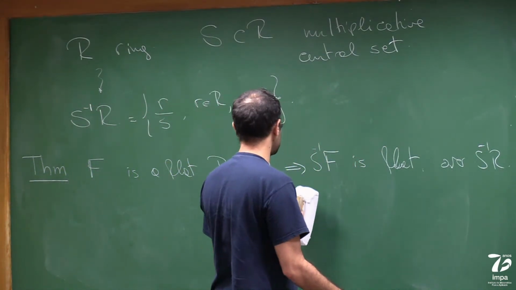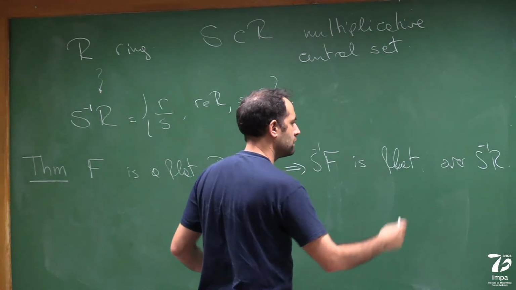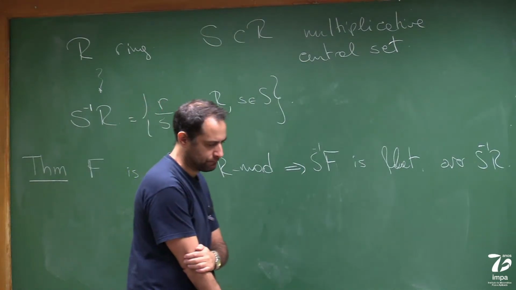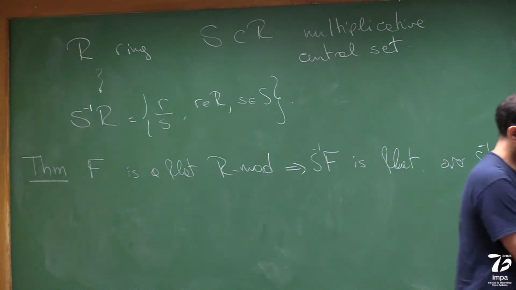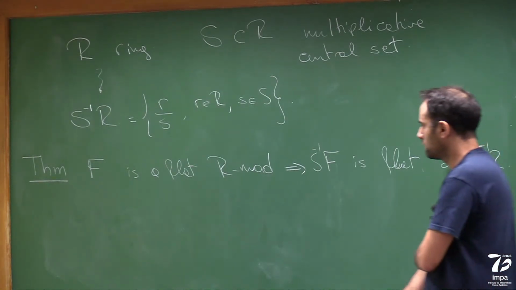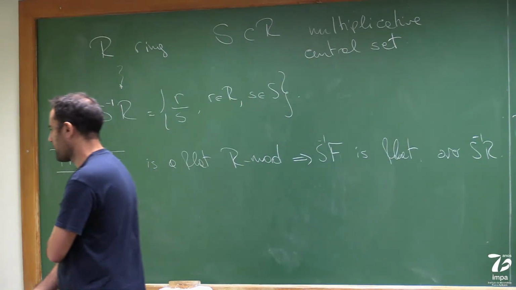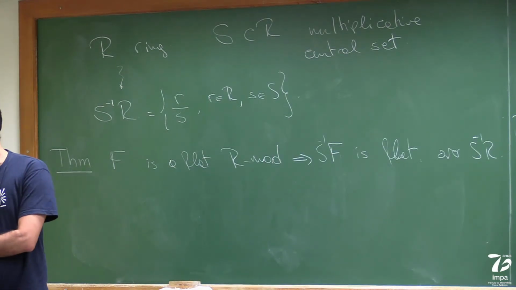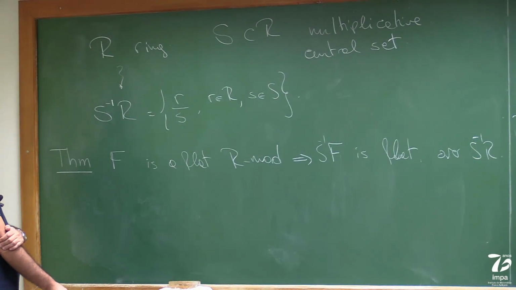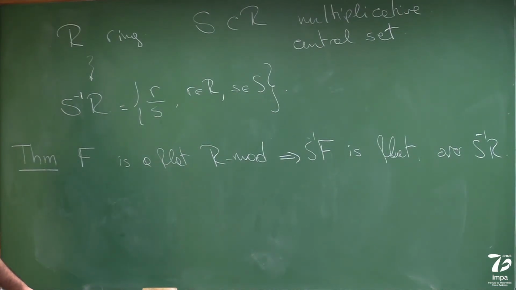But actually, let's just say that F is flat over S inverse R. Okay, so how does it go? How do we prove this?